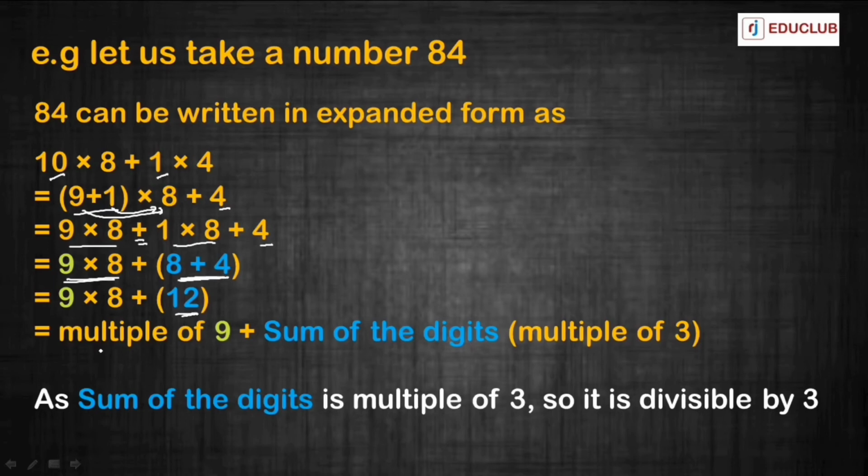So we can say this is a multiple of 9 and the sum of the digits is 12, which is a multiple of 3. As the sum of the digits is a multiple of 3, this number is divisible by 3, because this term is a multiple of 9, so it is also divisible by 3, and the sum of the digits, 12, is a multiple of 3, so this number is divisible by 3.